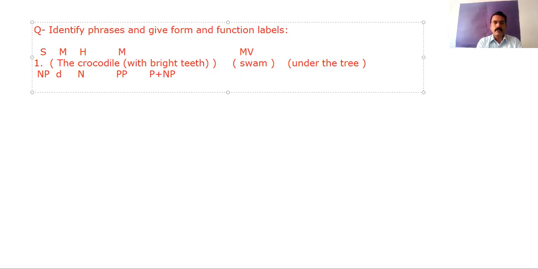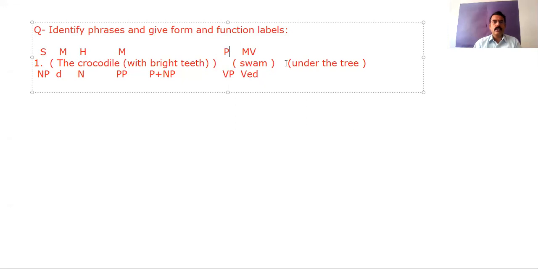What is the form of this verb? Swam is VED. So it is in past tense, simple past. So it is VED. So VP, and function of this VP is predicate, right? So in this particular phrase, swam functions as main verb and form of swam is VED past. So verb phrase functioning as predicate, right?